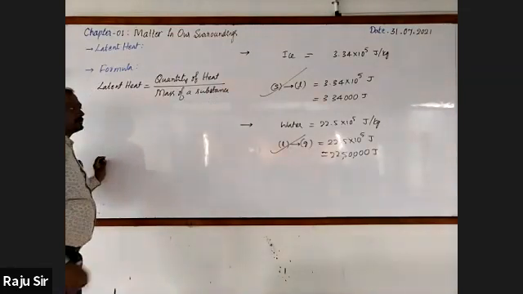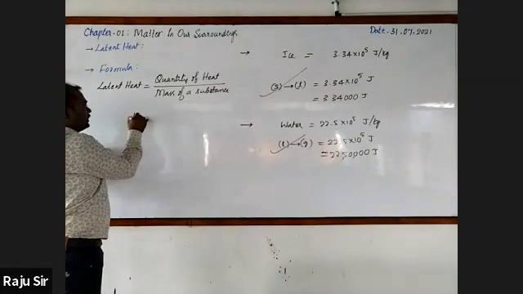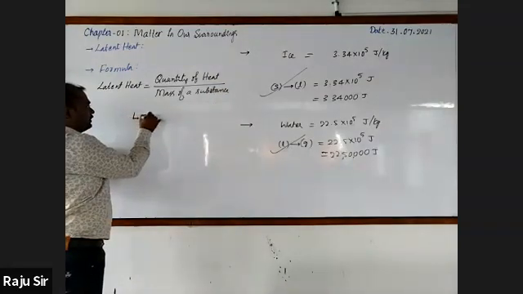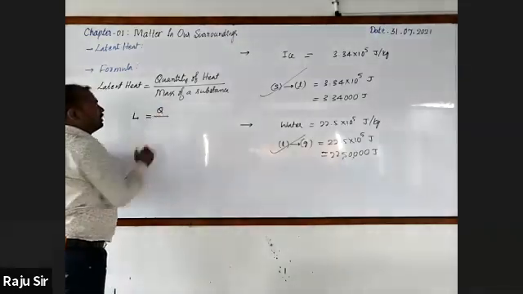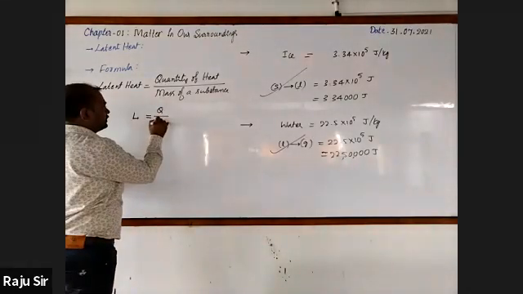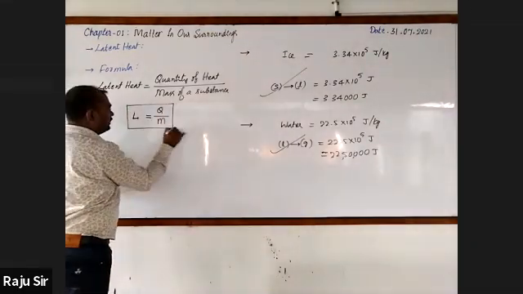Then the symbolic representation: latent heat is denoted by the symbol L, quantity of heat is denoted by the symbol Q, and mass of a substance is denoted by the symbol M. L is equal to Q by M.